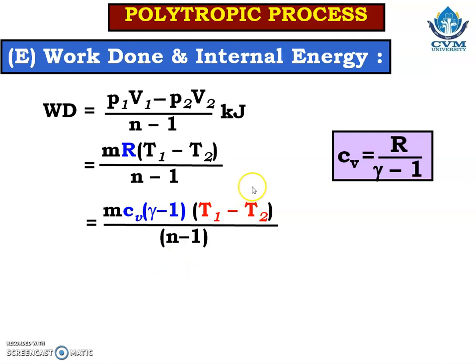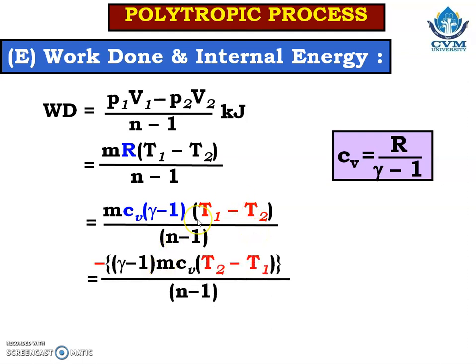Now what is the equation of internal energy? mCV delta T, that is T2 minus T1. Right? So we'll take out the minus common because here it is T1 minus T2. So to get T2 minus T1, we will take the minus common. So my equation will be mCV (T2 minus T1) (gamma minus 1) and the whole minus, divided by n minus 1.